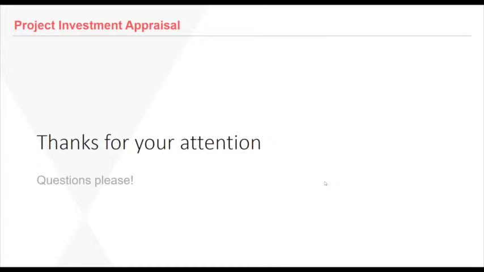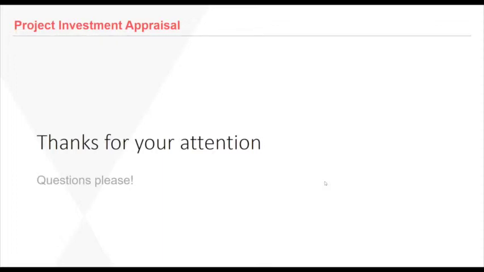But essentially what we're trying to do is to say, we know that these future cash flows aren't worth the same as our money today. How do we figure out how to reduce that future cash flow to give us a sense of today's purchasing power?